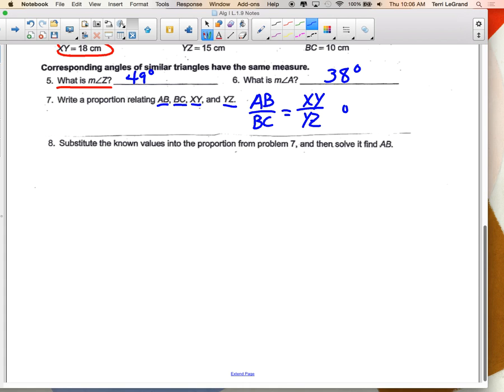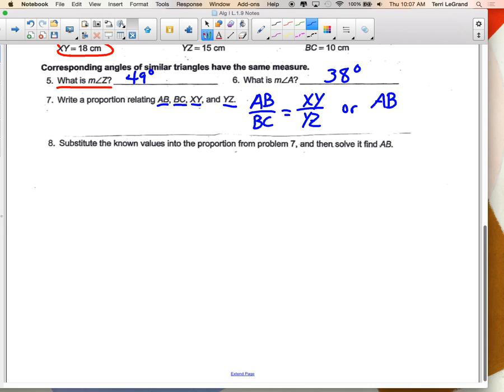Or, give me one where we show the ratio of corresponding sides equal to another ratio of corresponding sides. Devin, how would that look? AB over 10 centimeters. No, don't give me any numbers yet. I just want these symbols. AB corresponds with what side in triangle XYZ?